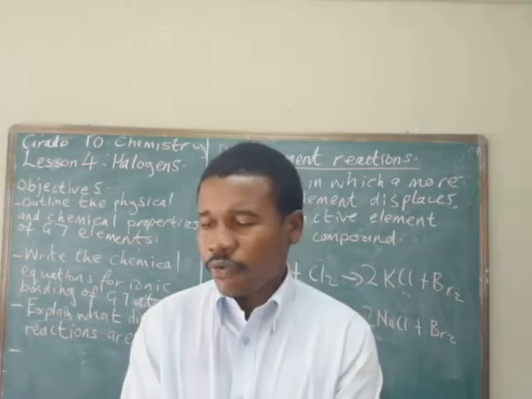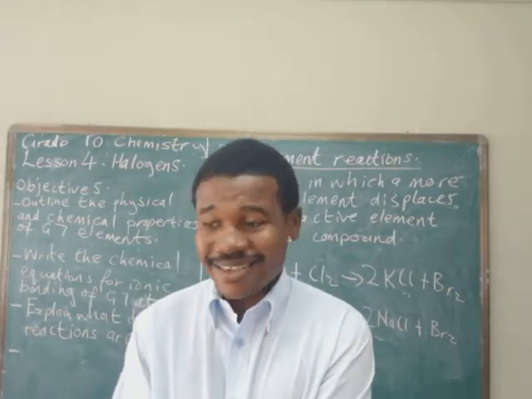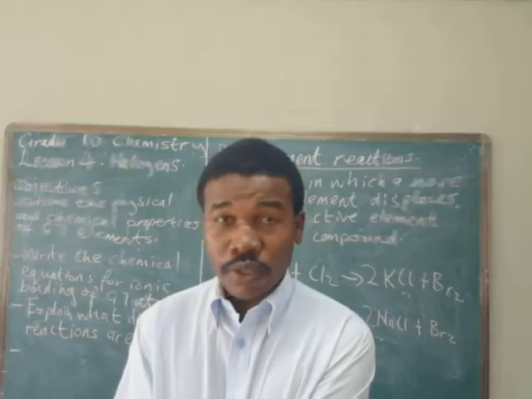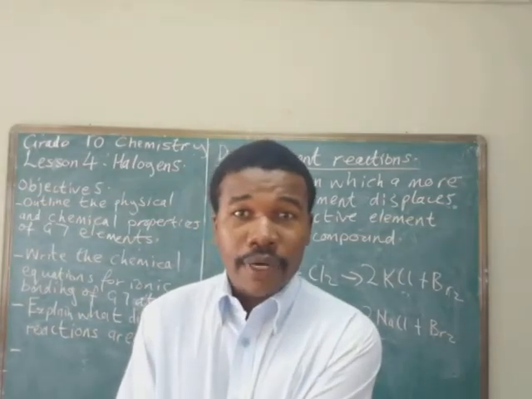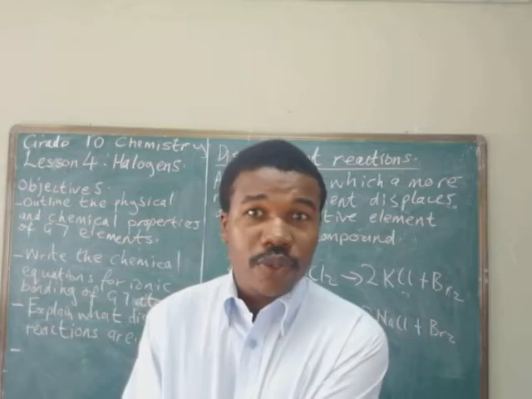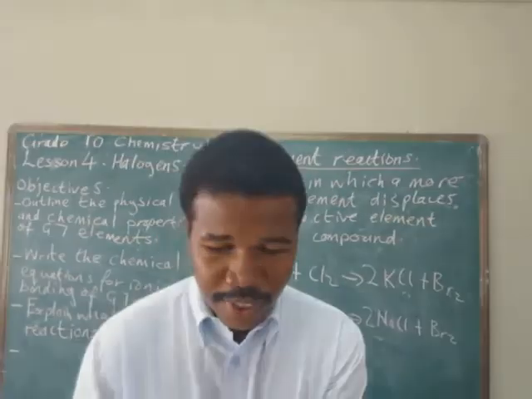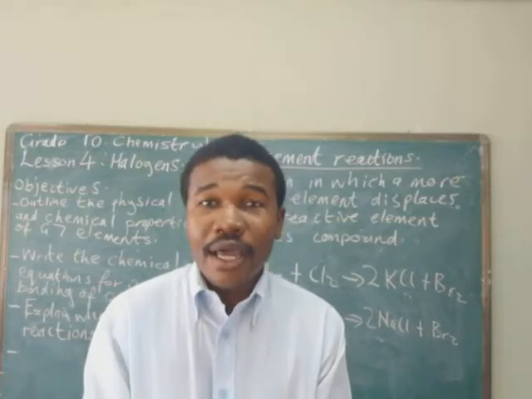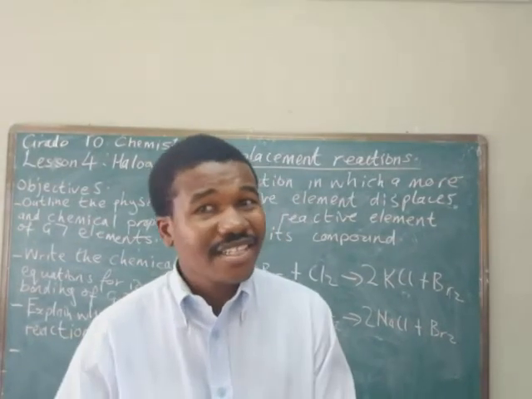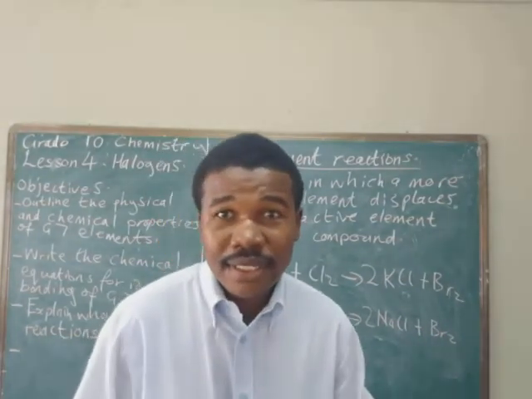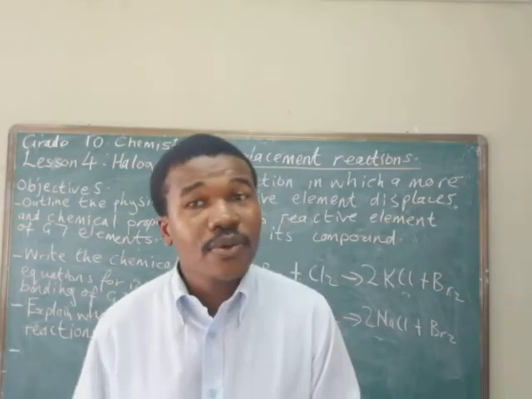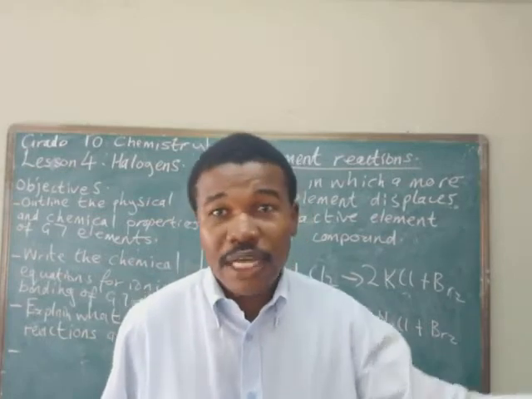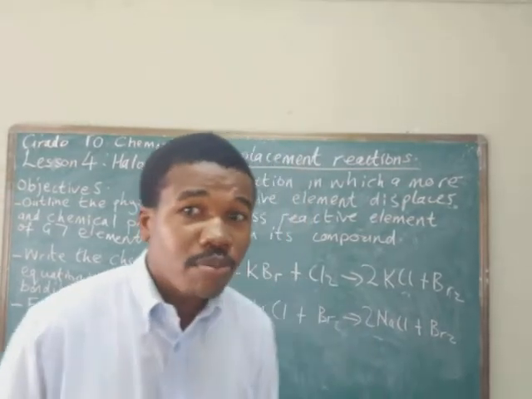I'm sure you have seen displacement reactions all the time. They take place all the time at the school. You have a couple, let's say so-and-so is dating so-and-so. I won't mention names, but then a more attractive individual comes in, and you find that so-and-so leaves the other person and decides to date the new person because that one at the time appeared to be more reactive.